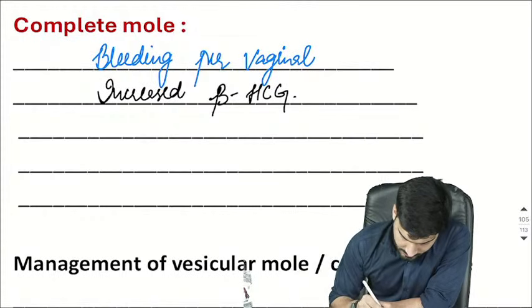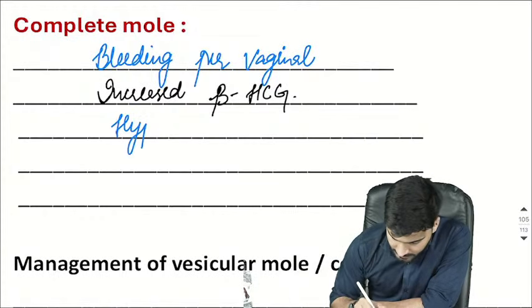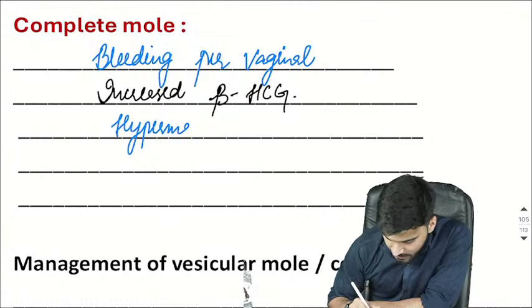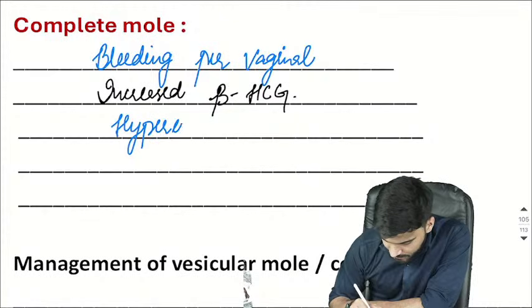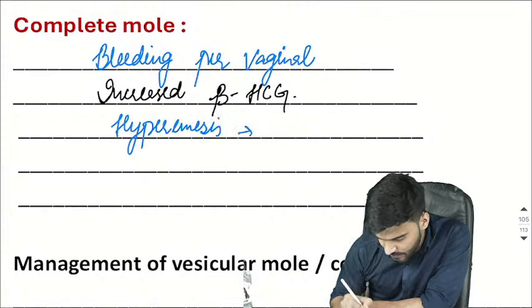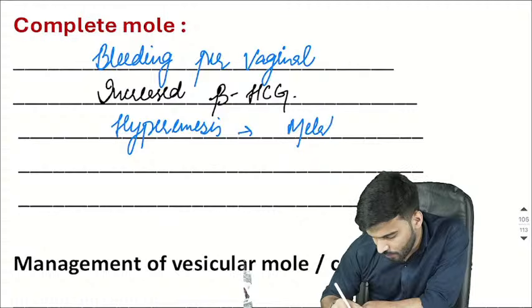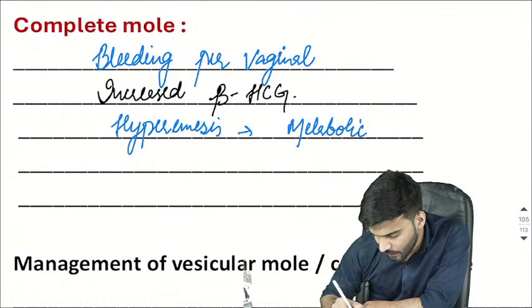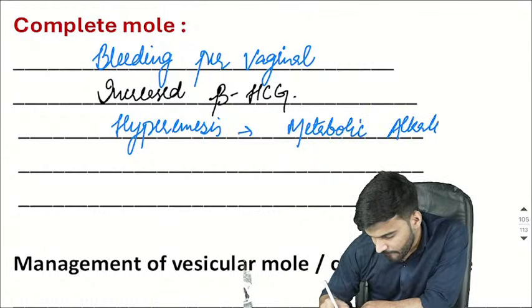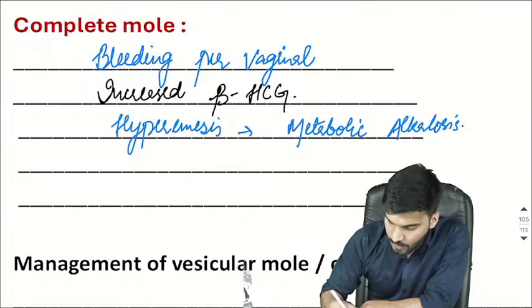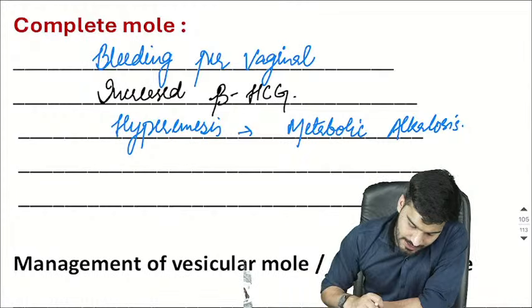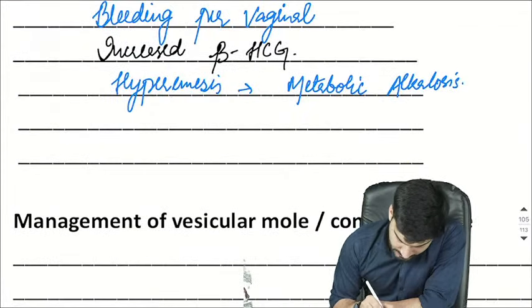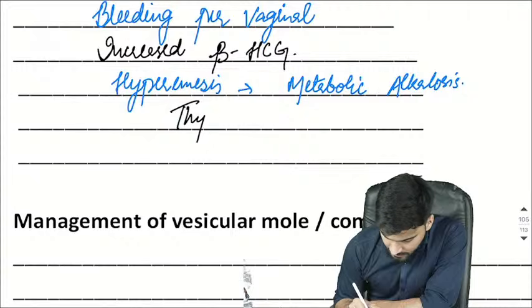Other than that, these patients have hyperemesis, which can also lead to hypokalemia and metabolic alkalosis. Now the subunits of beta HCG and the thyroid hormone are the same. That's why in complete mole thyroid toxicosis can be seen as well.